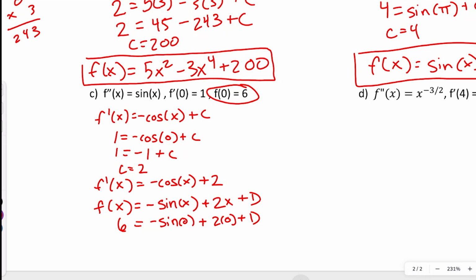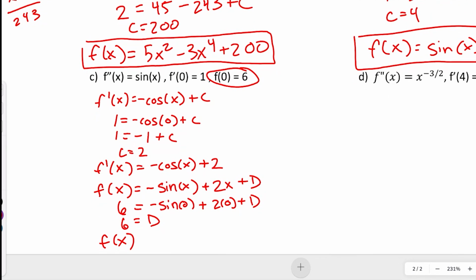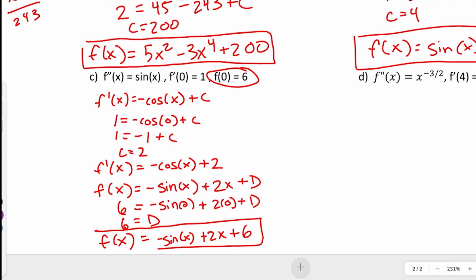Sine of 0 is 0, so we get 6 equals 0 plus 0 plus d, so 6 is d. And so now we can write our function f. It's negative sine x plus 2x plus 6.